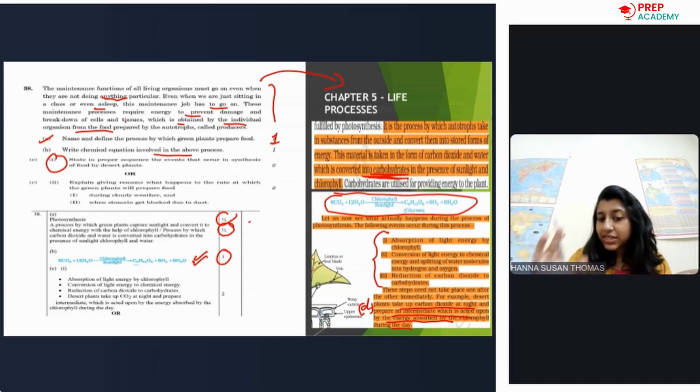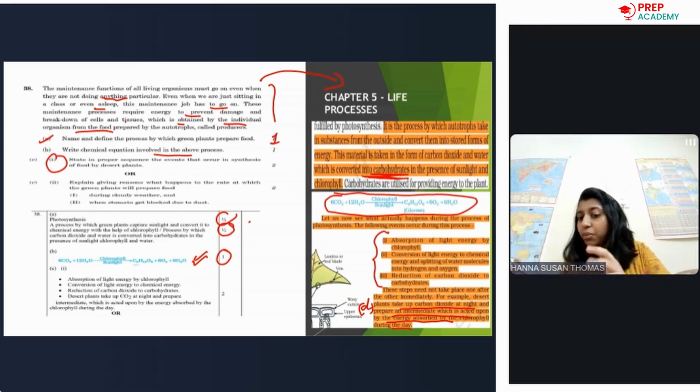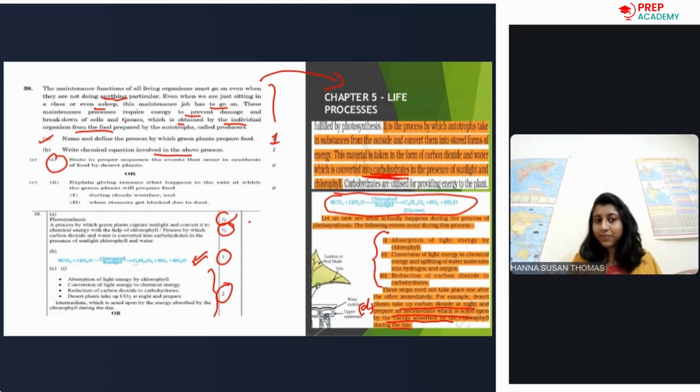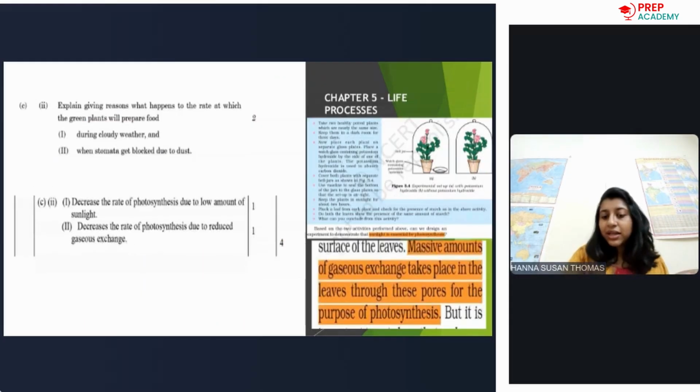So in between, desert plants take up carbon dioxide at night, and they prepare an intermediate component which is acted upon by the energy absorbed by the chlorophyll during the day, so that they can prepare their food. So you have to include that point also, then only you will be getting 2 marks. Okay, then comes the next C part, the second C part question.